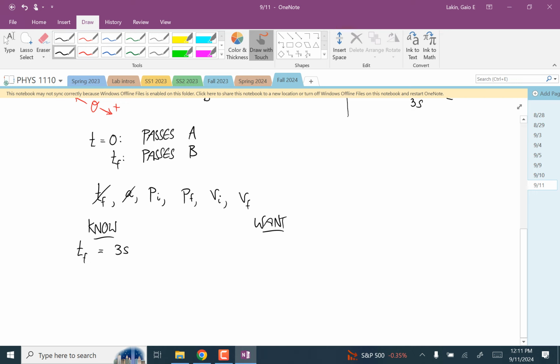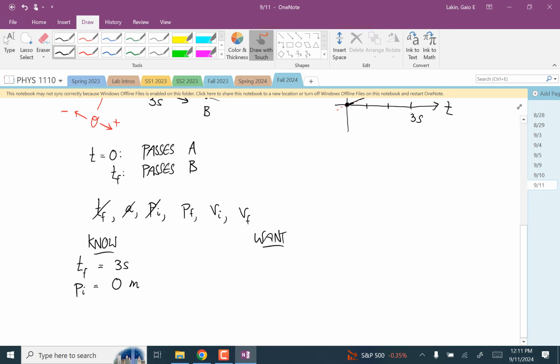Xi, do we know what the position is when we turn the stopwatch on? 0. Right, so Xi is 0. Do we know what the position is when it reaches B, when we turn it off? No, and that's what we're trying to find.